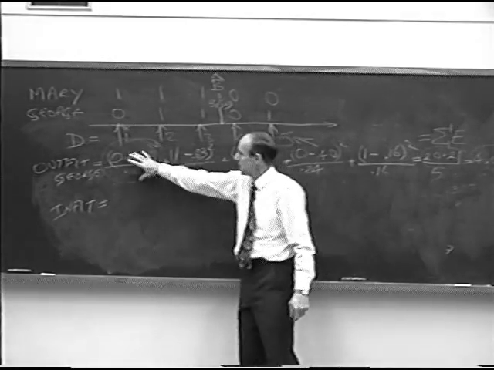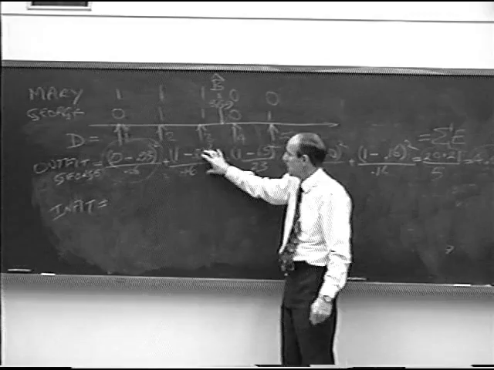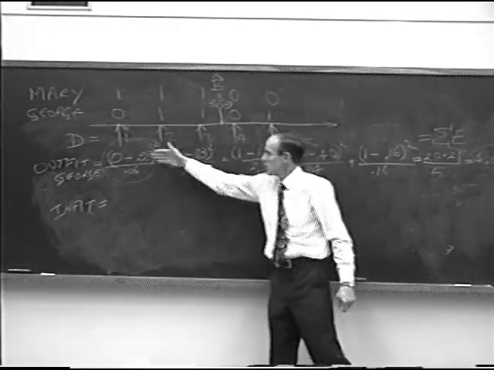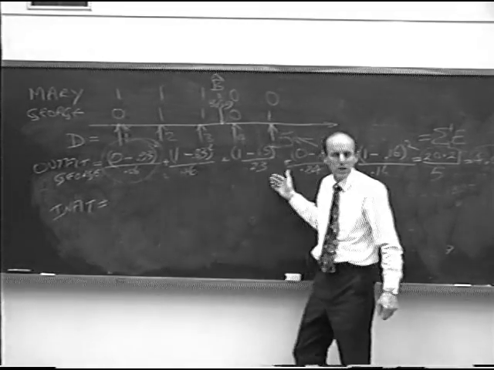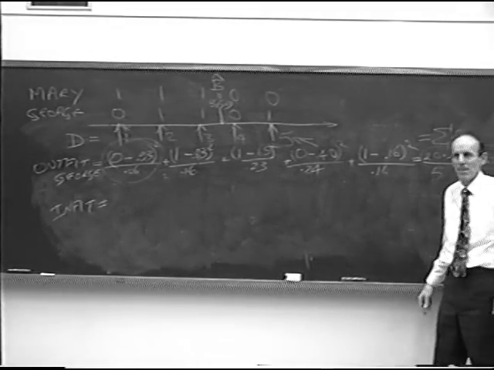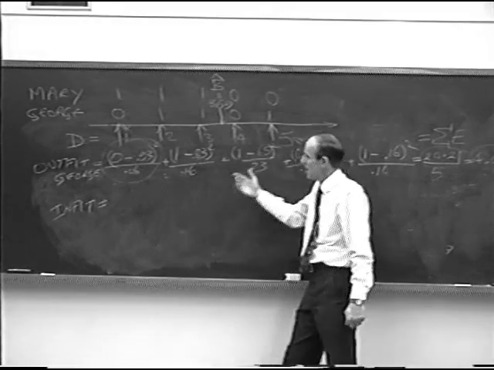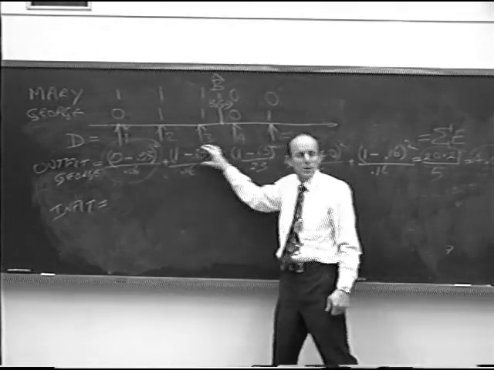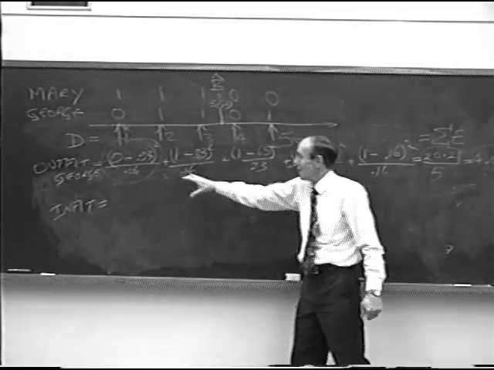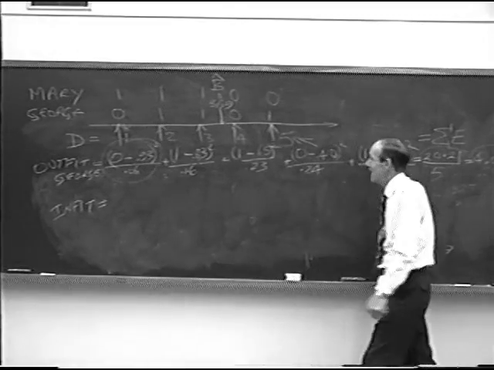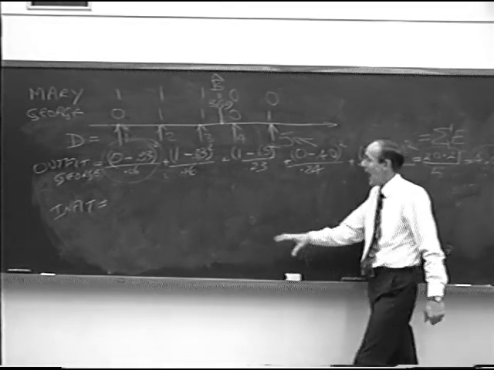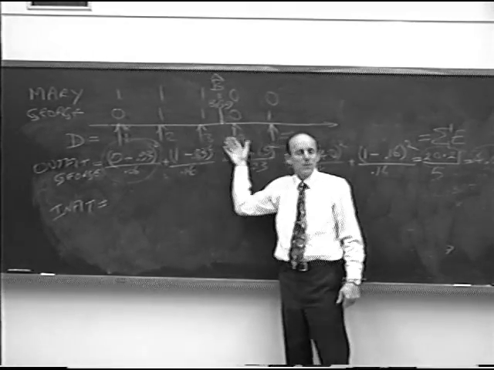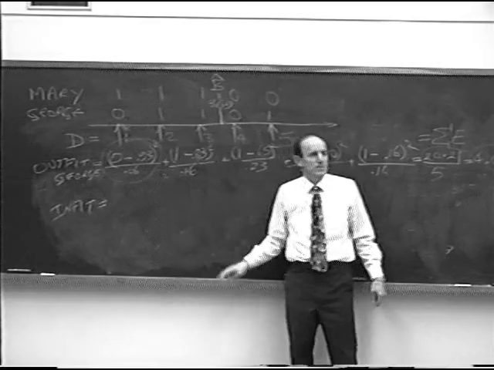Now, we know that the expected value of each of these terms in the outfit statistic is 1. So, if we add up all the tops and divide by all the bottoms, what's their expected value? We've got 5 terms here. The expected value of each term is 1. If we take the numerators of all those terms and add them up, and the denominators and add them up, what's the expected value when we divide the sum of all the tops by the sum of all the bottoms?